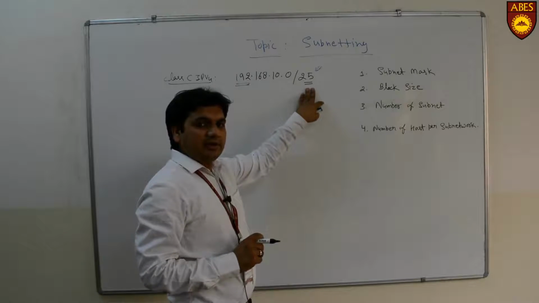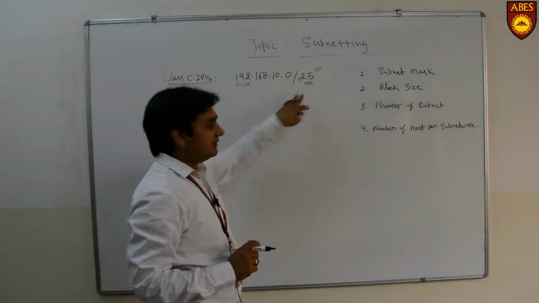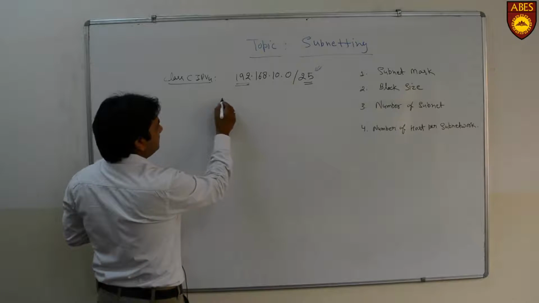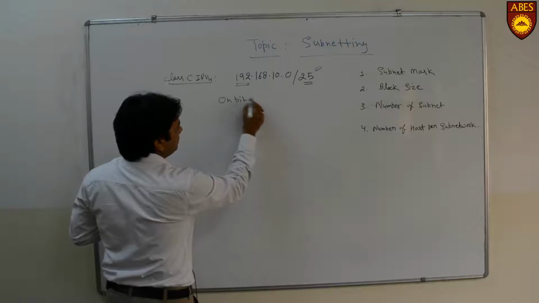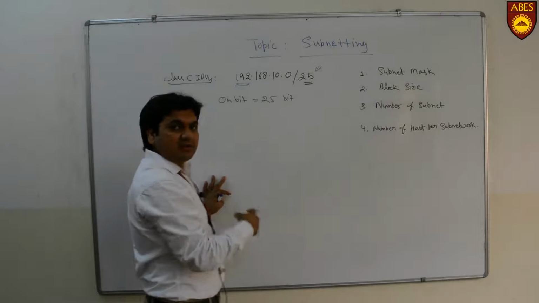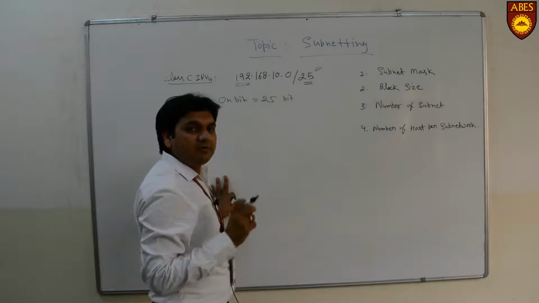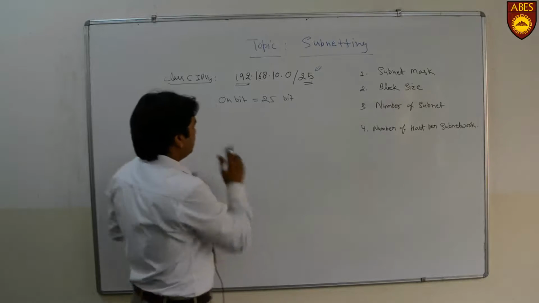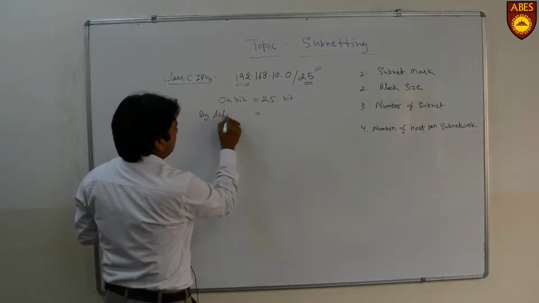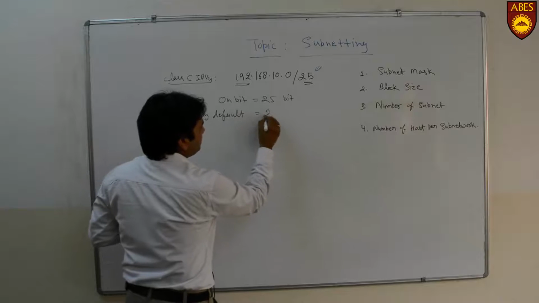We are considering 25 bits as the mask number. For this example, the number of on bits is 25, but as we saw earlier, the class C default mask number is 24.